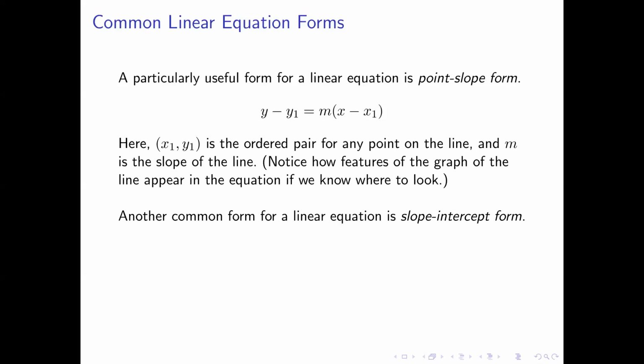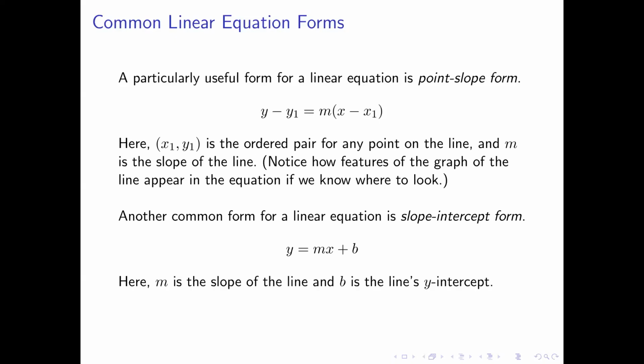Another one that you've probably seen is called slope-intercept form. We usually write it like this: y equals mx plus b. Here again, m is the slope of the line. B is what we call the y-intercept of the line, the value of y when x is equal to 0.